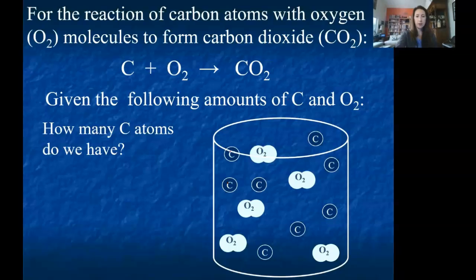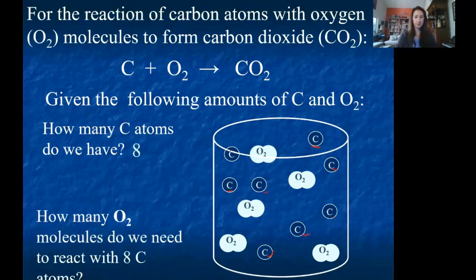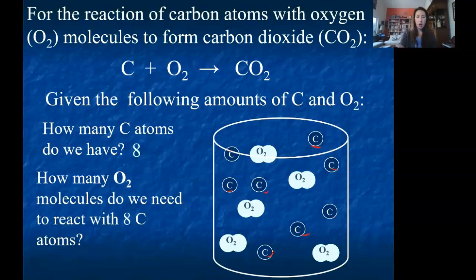We count 1, 2, 3, 4, 5, 6, 7, 8. We have 8 carbon atoms. If we have 8 carbon atoms, how many oxygen molecules do we need to react with all of the carbon atoms?